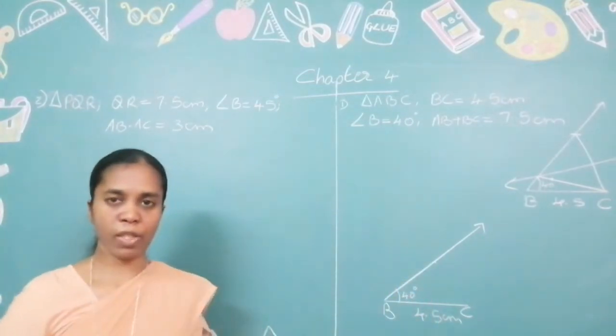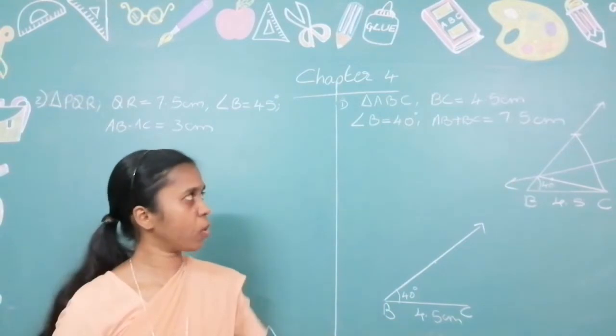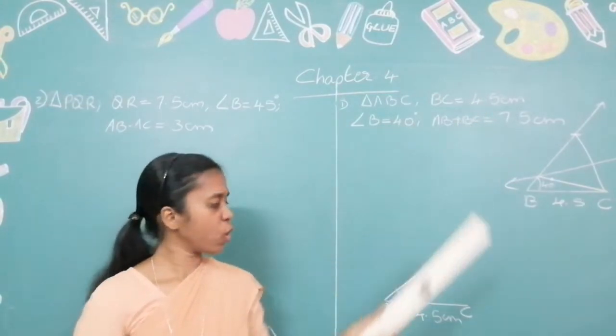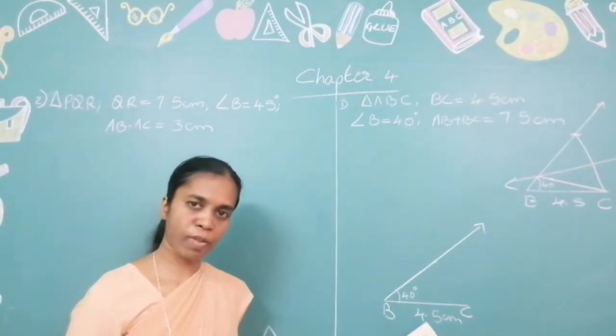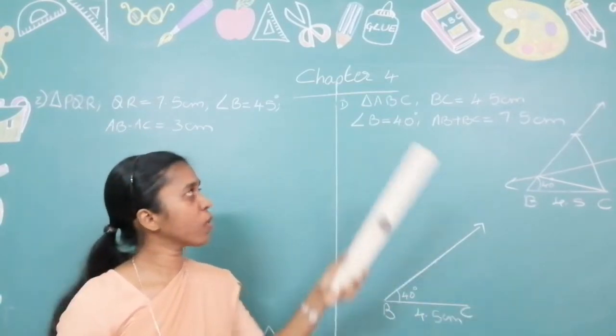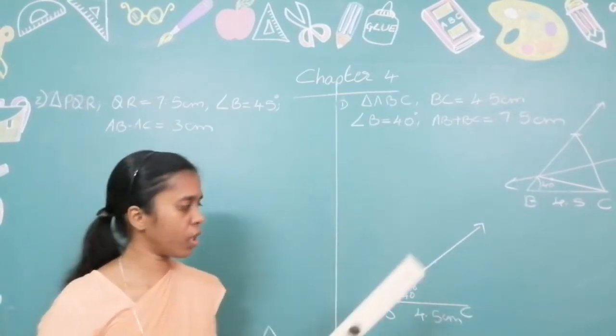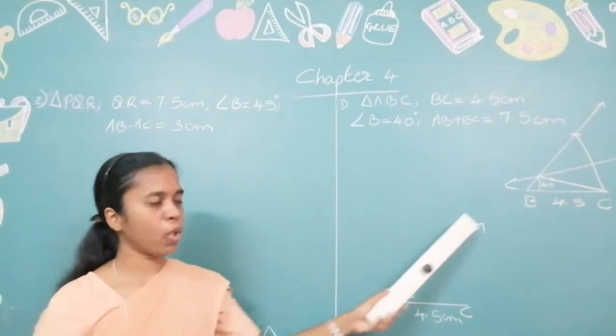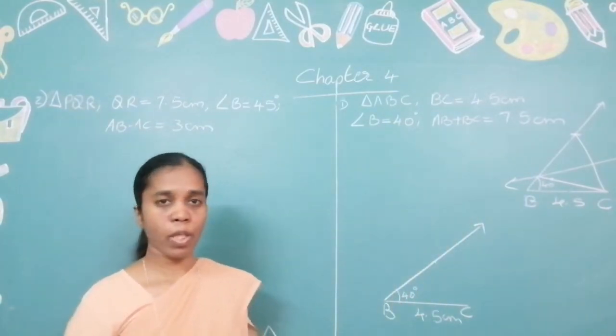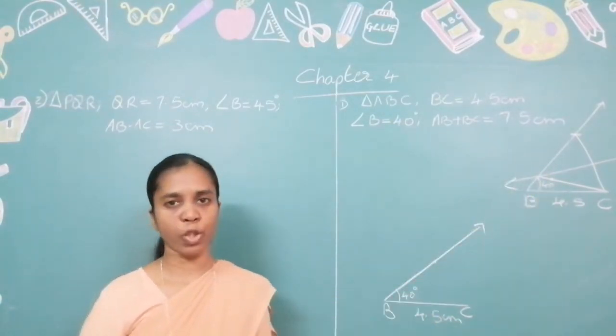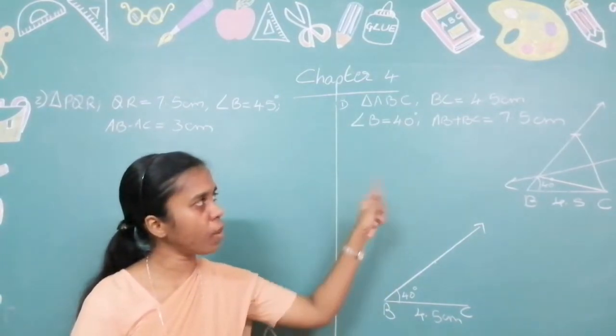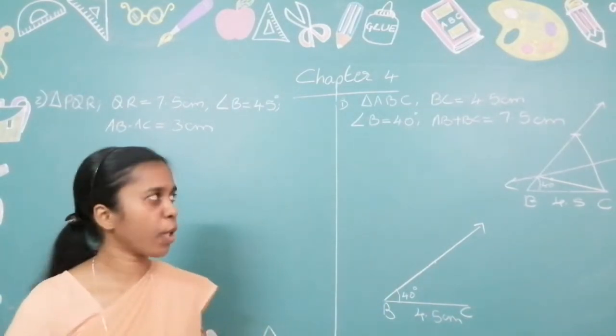So these are the measures given to us. Look at what is given to us. Base. So first draw the base 4.5 centimeter. Next what measure is given to us? Angle B is 40 degrees. Take 40 degrees and draw a ray. Now what is given to us? Sum of the other 2 sides. How much is the sum of the other 2 sides? 7.5.